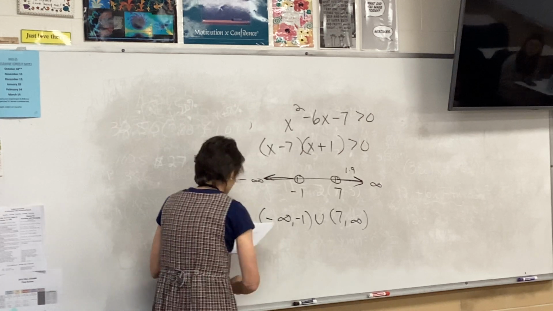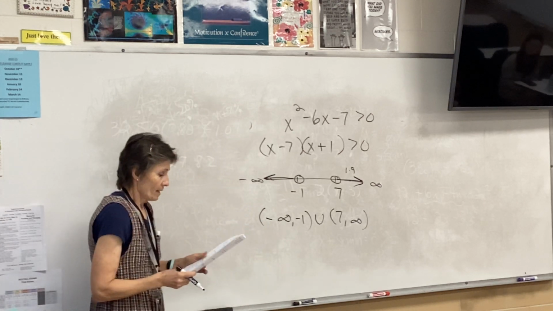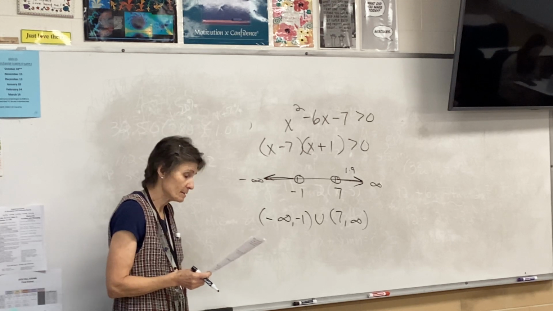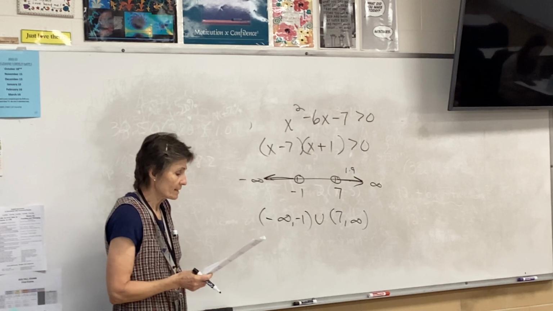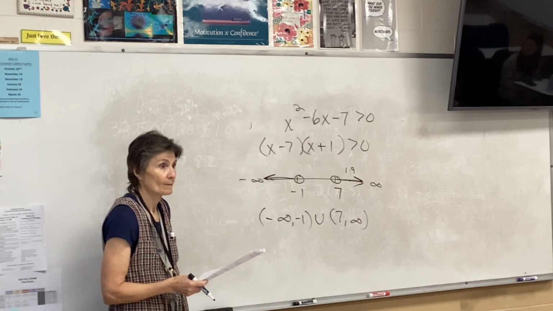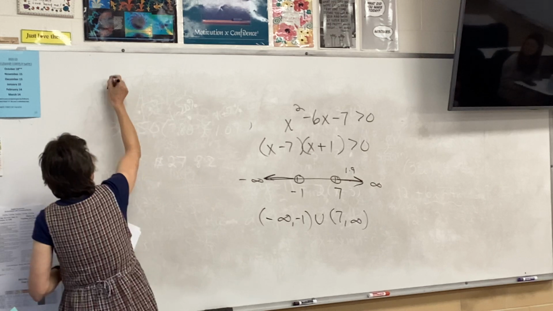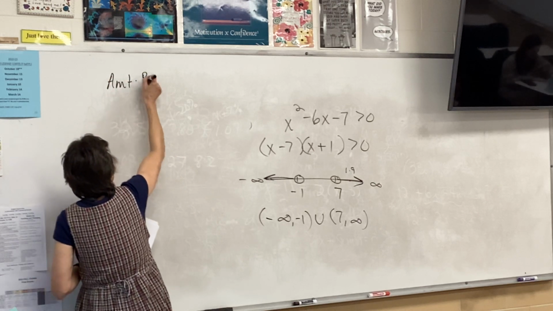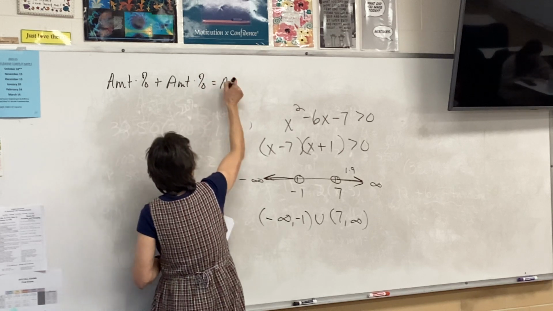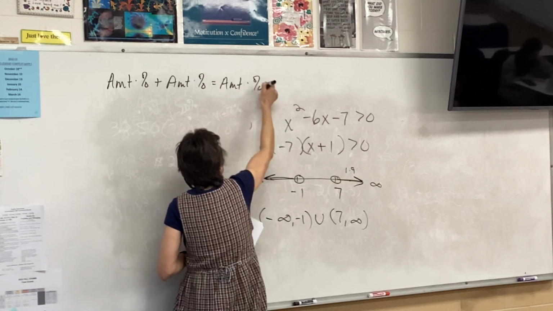Okay, next one is another calculator problem. How much 15% orange juice should be mixed with 18 gallons of 20% orange juice to get a mixture that is 16% orange juice? Just the amount times percent. So our format is amount times percent plus amount times percent equals amount times percent.